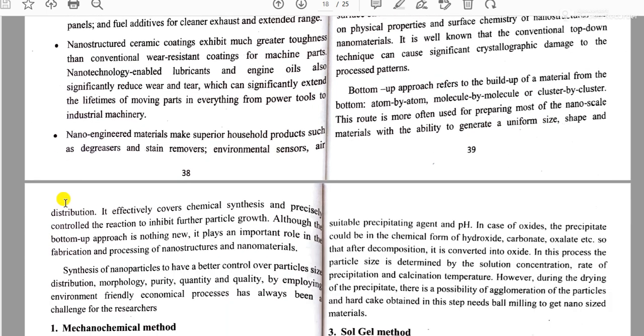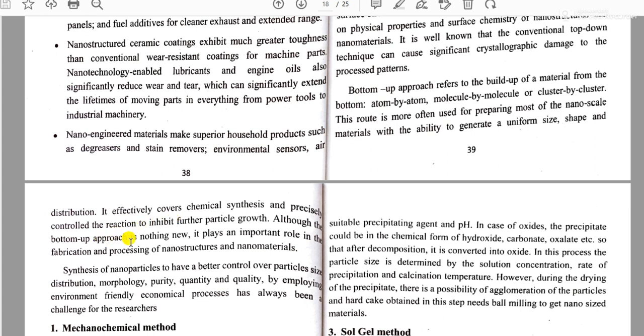It effectively covers chemical synthesis and precisely controls the reaction to inhibit further particle growth. So here we are able to precisely control the growth of the nanoparticle so that it will not precipitate out and will not go out of this nano dimension.